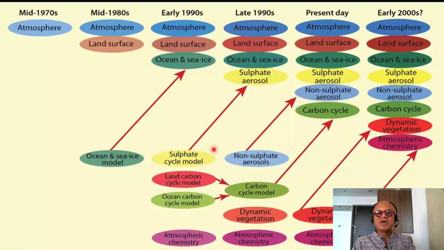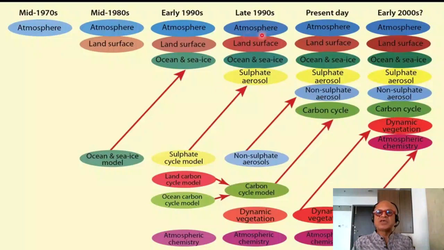And by the late 1990s, remember the discussion on global warming kicked into high gear in the early 1990s. By late 1990s, we already had one or two special reports from the Intergovernmental Panel on Climate Change.